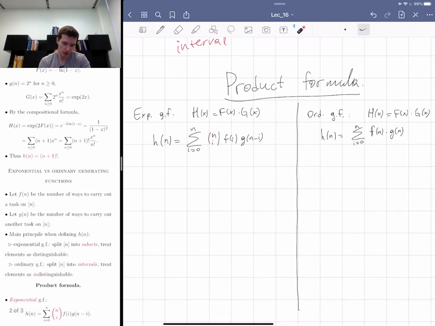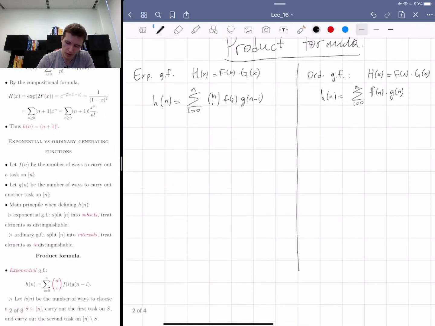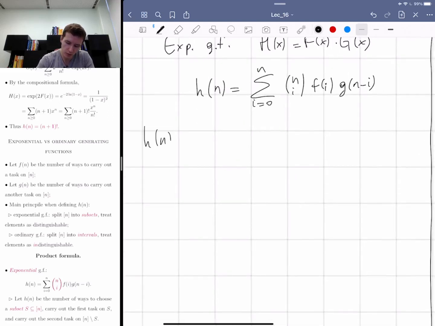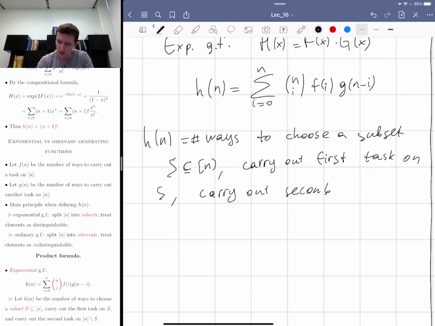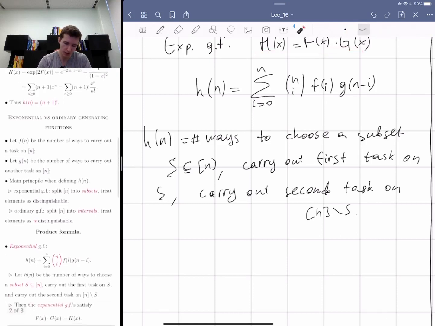And the combinatorial interpretation was that h of n is the number of ways to choose a subset S of bracket n, and then carry out the first task on S, and then carry out the second task on the complement of S. In this case you would get the formula for the exponential generating functions.